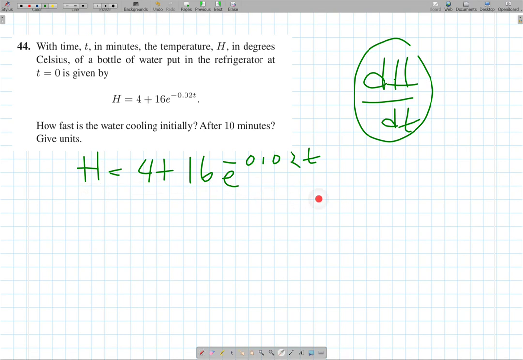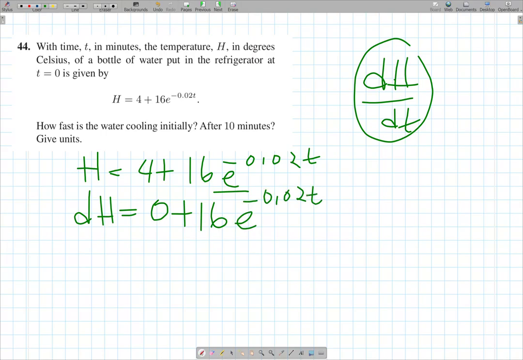We have to differentiate, deriving both sides implicitly. The derivative of H is dH. dH equals the derivative of the constant, which is 0, plus the derivative of the exponential term. So if there is e, class, just copy 16 and copy e to the negative 0.02t. Then just derive the exponent. When we derive the exponent, that is negative 0.02 dt. So multiply it here.